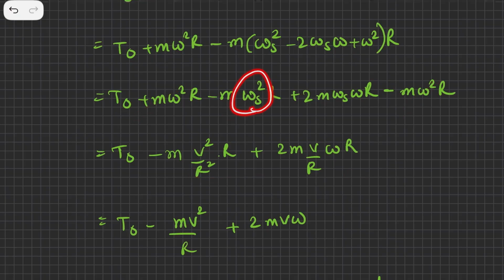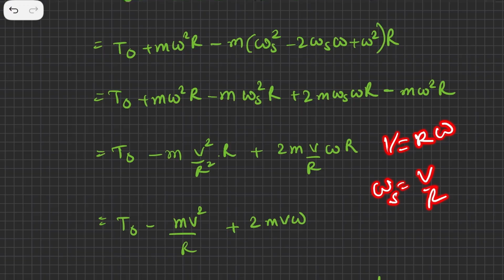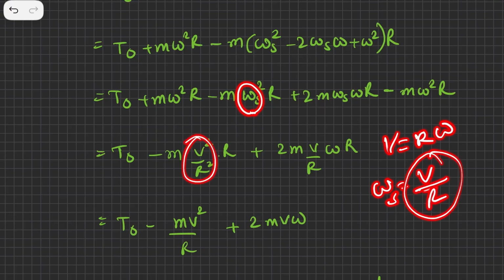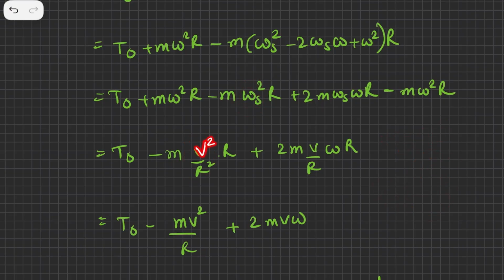But as you know, omega s, that is the angular velocity of the ship, so v is equal to r omega, so omega would be equal to v upon r. Now this is for the ship, so I'm just writing omega s replaced as v by r, and because it's a square, so v square by r square, r as it is, plus 2m as it is, wherever there is omega s, we can write v by r, omega r as it is, m as it is, 2 as it is, r as it is.